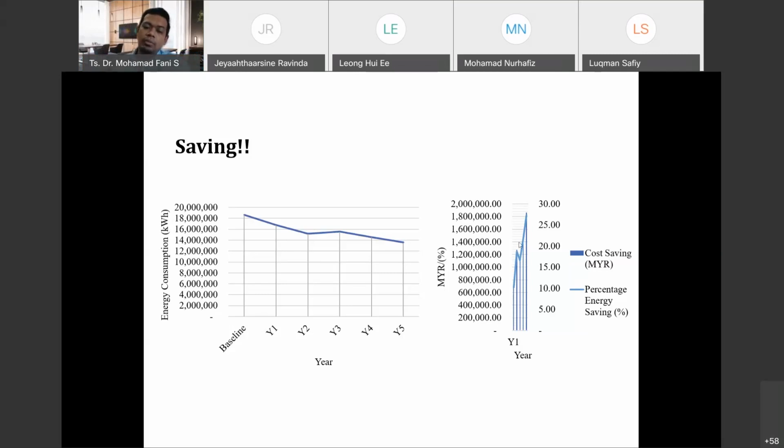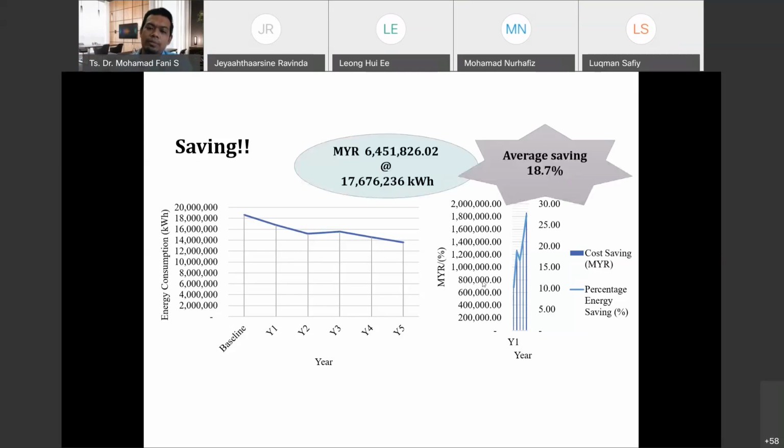And with this program, after 5 years, we have saved about 6.4 million. The average saving every year is about 18.7%, or in energy consumption about 17,600,000 kilowatt hours.